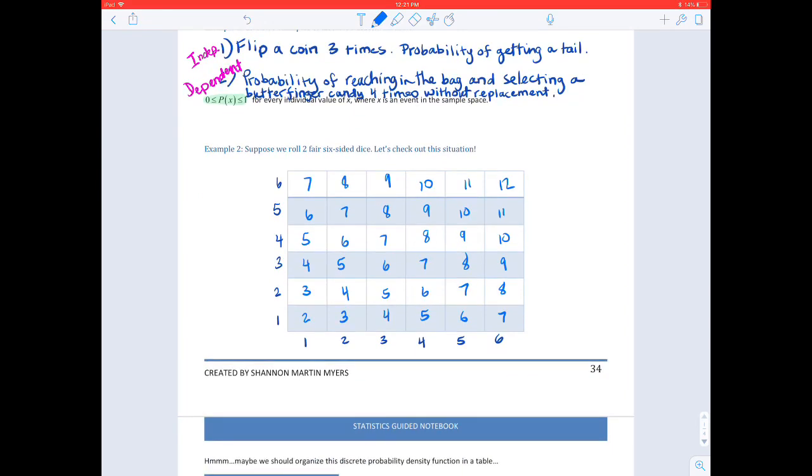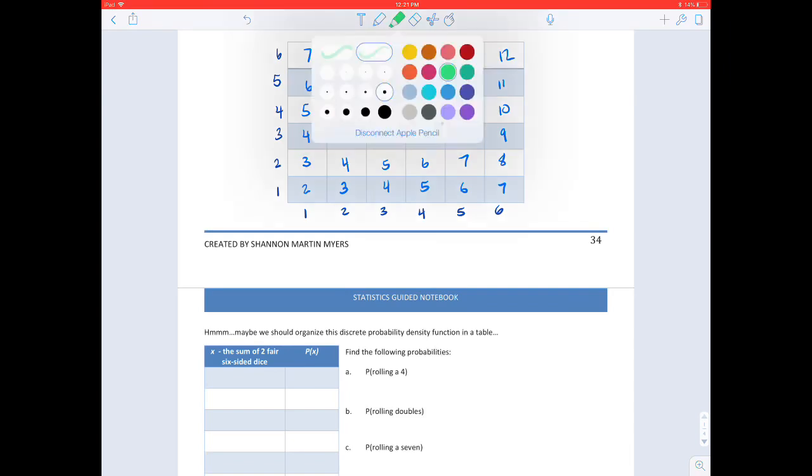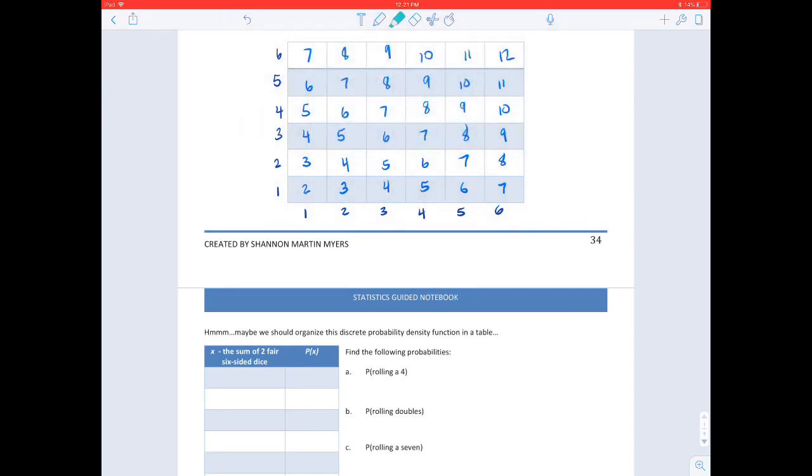Okay, so we've modeled every possible situation that can happen with 1 roll of 2 dice. So let's check this out. All right, let's do some of these probabilities. What's the probability of rolling a 4? How many ways could we get a 4 on a single roll of 2 dice? Good.